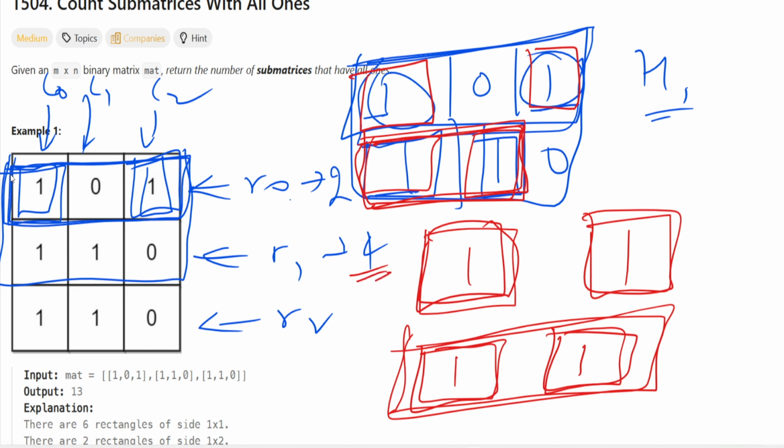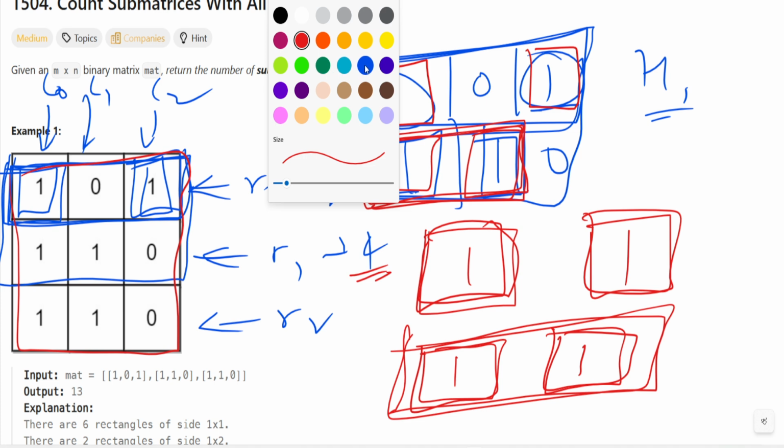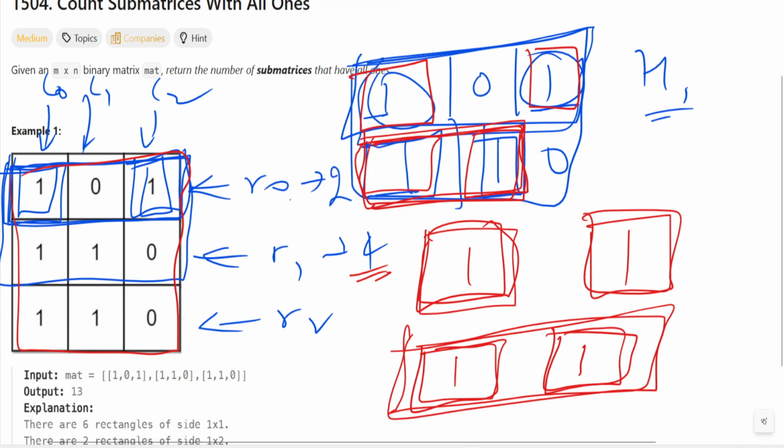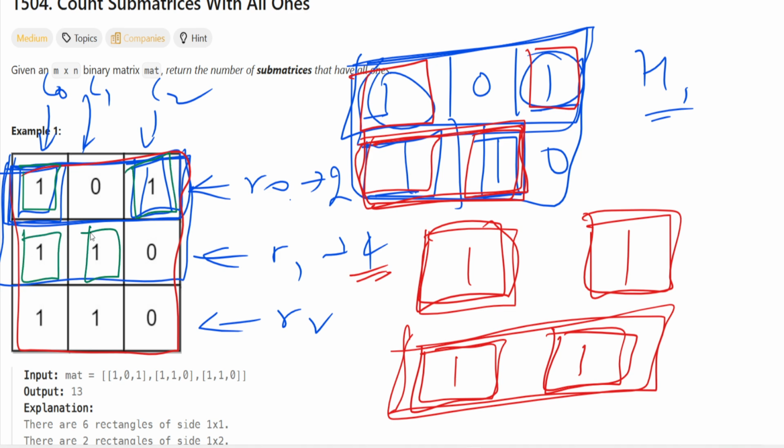Similarly, if we increase the histogram height again, how many are there? Now we count 1, 2, 3, 4, 5, 6, and this part is 7.